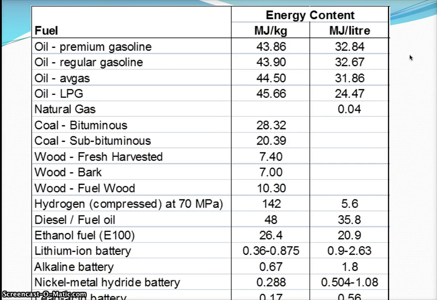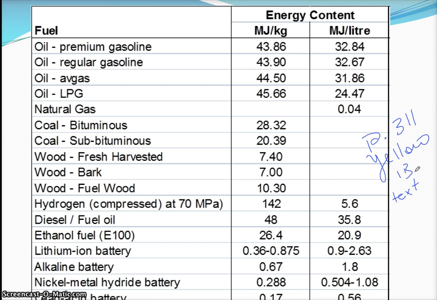Now, you are not expected to memorize energy densities and specific energies. Page 311 of your textbook is going to have a list. Let me write that here for you. And you probably noticed it when you've been taking notes. So page 311 of the yellow IB textbook is going to have a list of energy densities and specific energies.